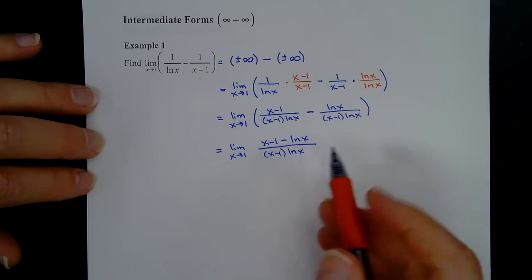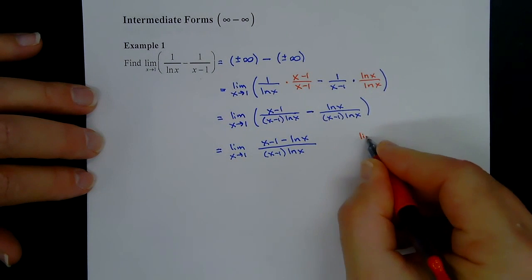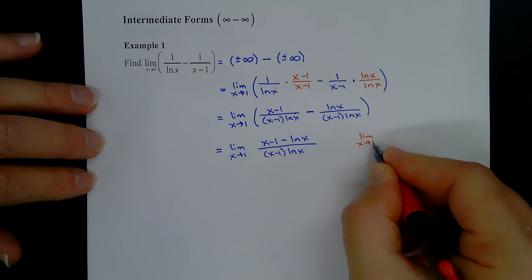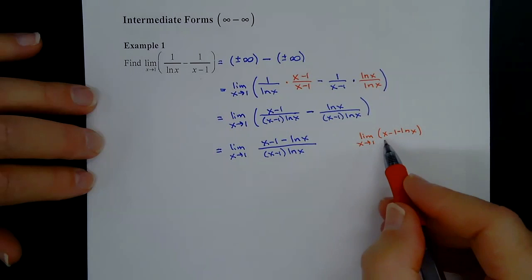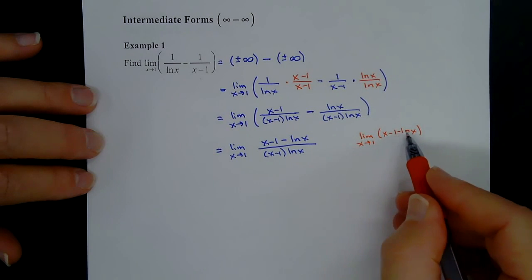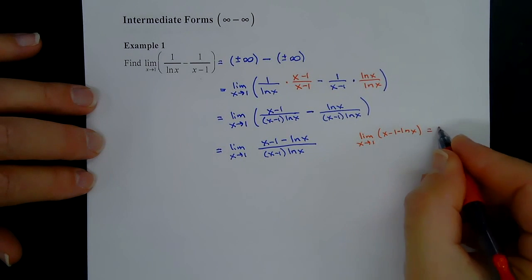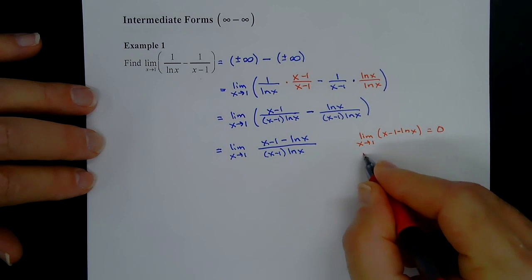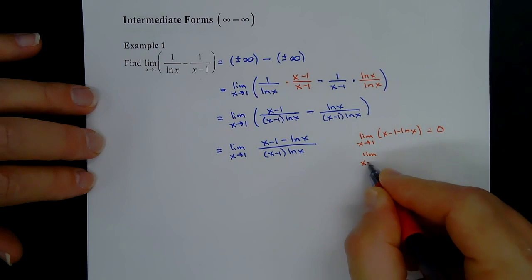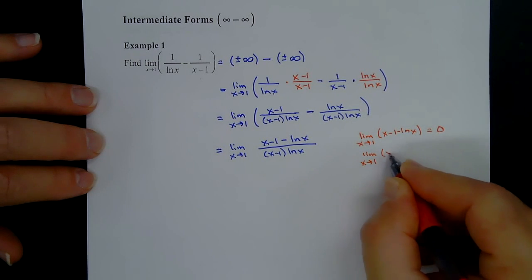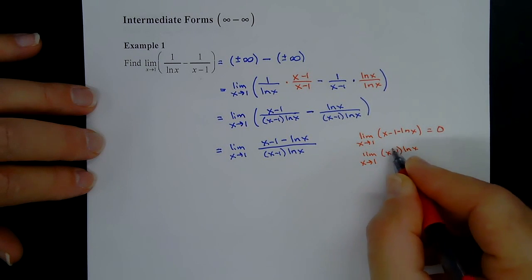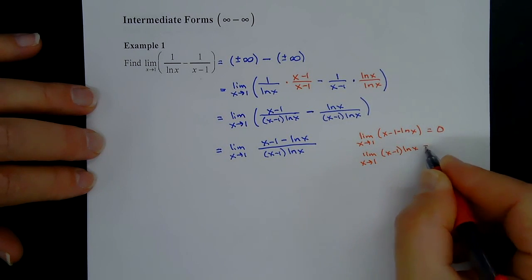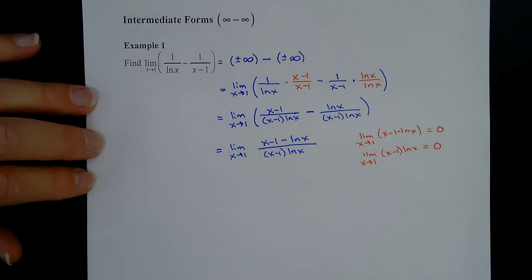So the limit as x approaches 1 of x minus 1 minus ln of x: if we put 1 in, we get 1 minus 1 minus 0, so that'd just be 0. And the limit as x approaches 1 of x minus 1 ln of x: well, this would be 0, and this would be 0. So 0 times 0 is 0.